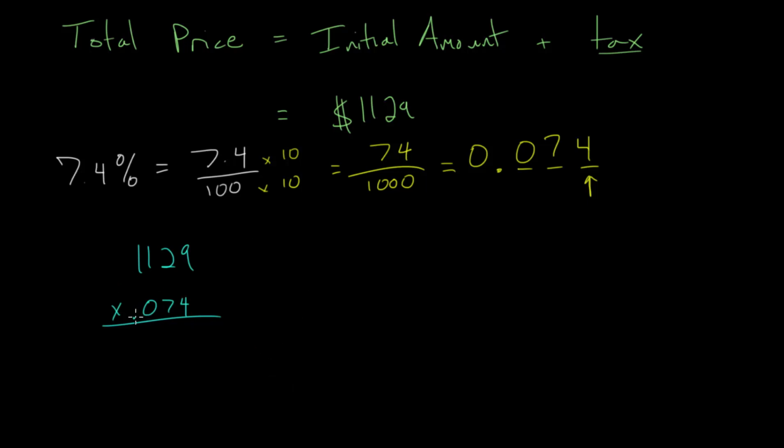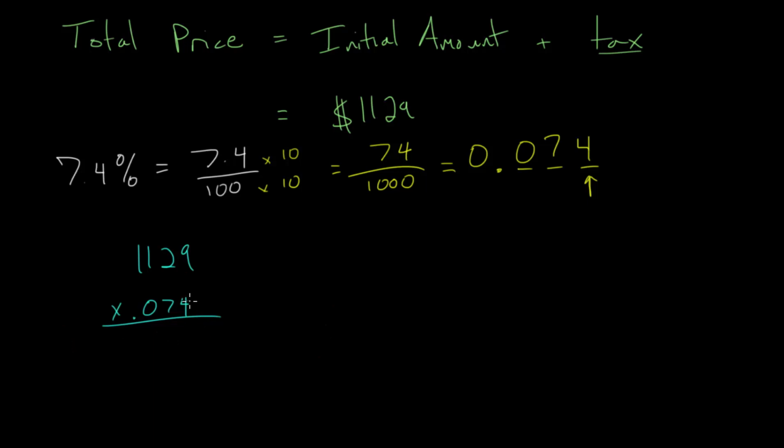Remember that we multiply normally, and then at the end, we count up how many decimal places we have in total for each of our factors. Then we move the decimal place for our answer that many places to the left. For this factor, we don't have any, but in this one, we have 3. So in our answer, we will move the decimal 3 places.